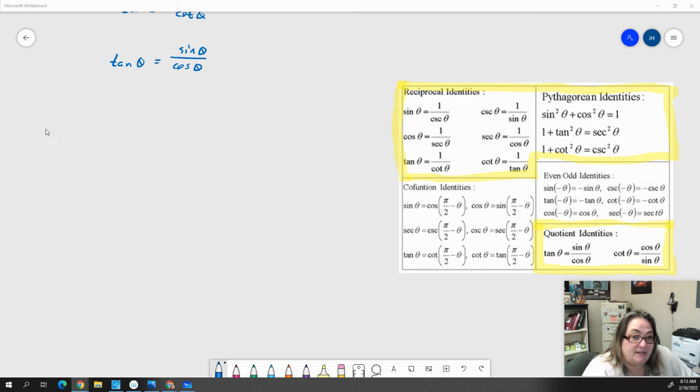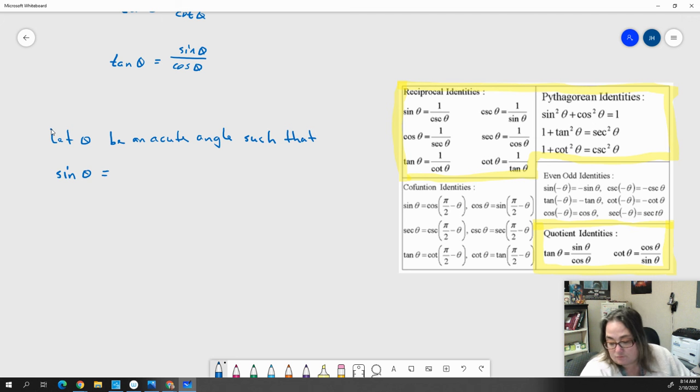So if we let theta be an acute angle. Acute means less than 90 degrees, right? Such that sine of theta equals 0.6.